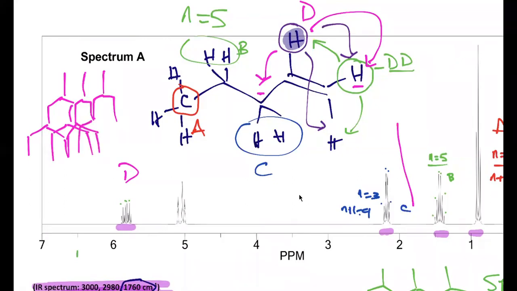So each one of these doublets is going to be split into a doublet. And so you're going to end up with 12 lines for that signal. And some of those lines may overlap. I'm not doing the coupling properly, right? But some of those lines are going to end up overlapping.